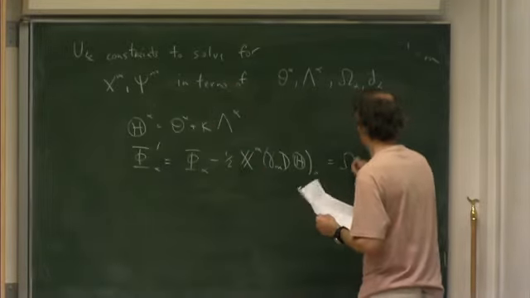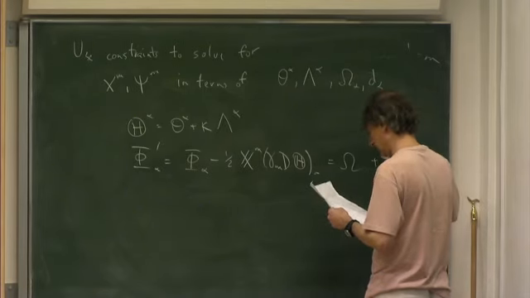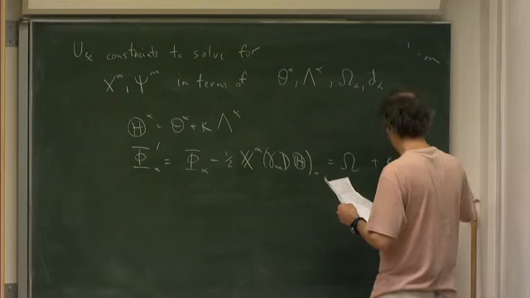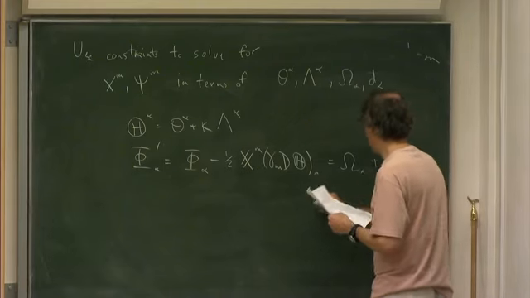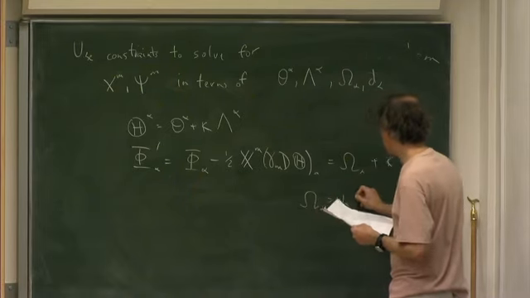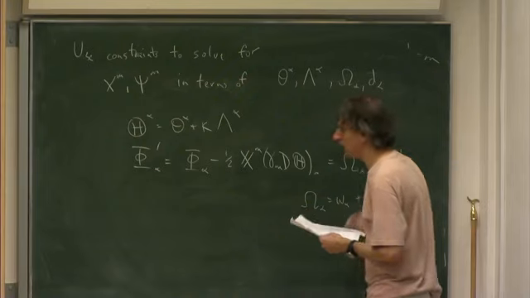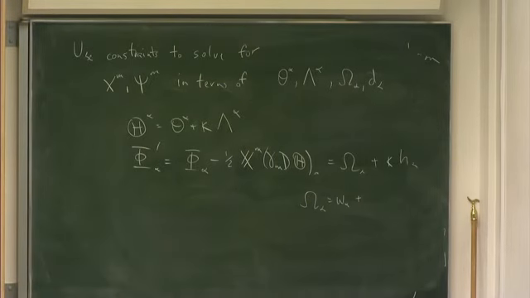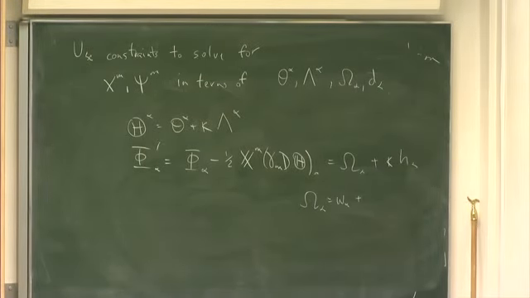So if you expand it in components, it has this form, where omega alpha starts out as before, like W alpha, but then there's an additional piece, W alpha minus this piece here.